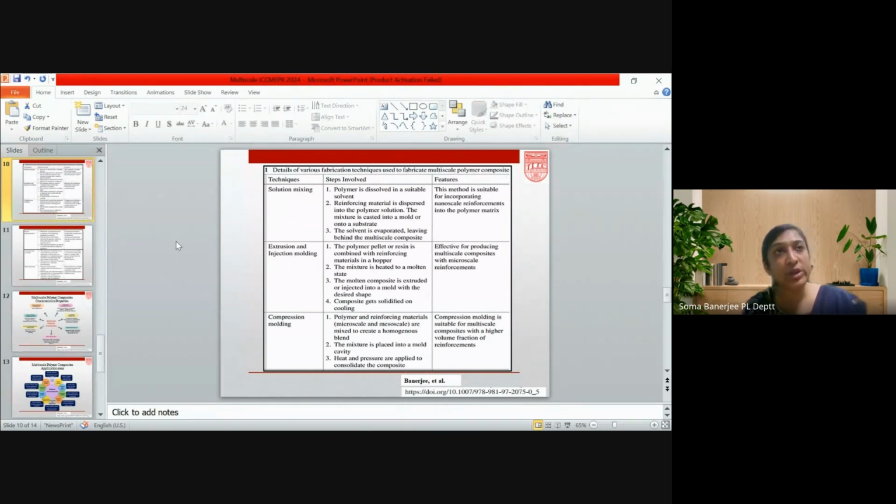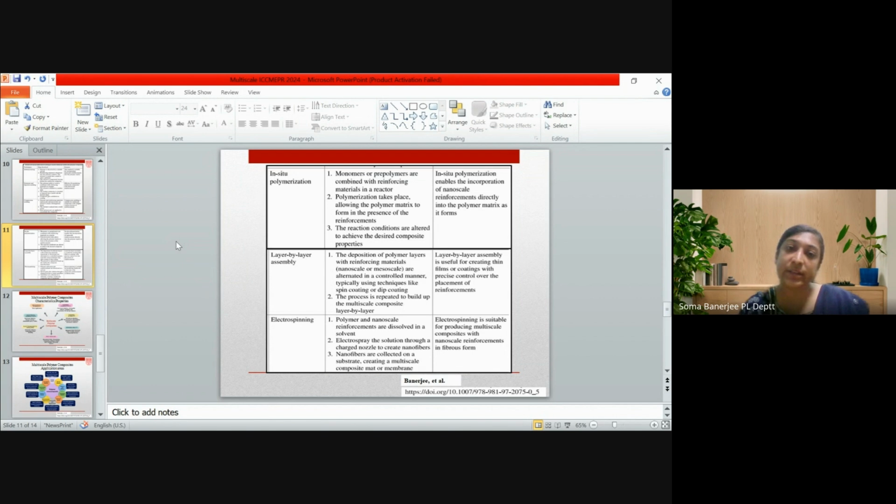Then there is compression molding, the common one, mainly used for thermosetting resins like epoxy, polyesters, etc., and with these techniques we can add a high volume fraction of reinforcement. Other than that, we can also follow in situ polymerization, where we can do both things, in situ polymerization or in situ particle generation. So in in situ particle generation, we take the polymer, and inside that the nanoparticles are generated.